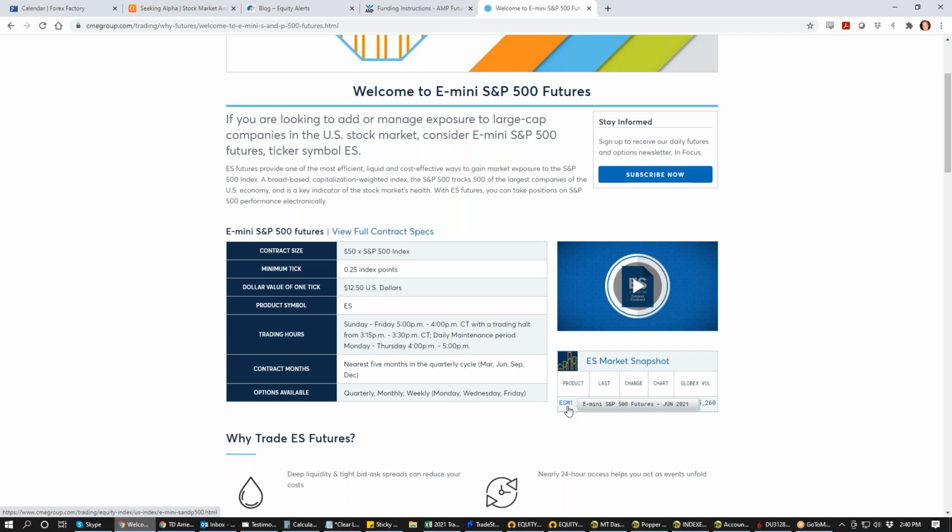Here's the ESM, so it's the June. It'll tell you the value, $50 per point, or $12.50 per tick. It tells you the trading hours, and the contracts it trades are March, June, September, and December.